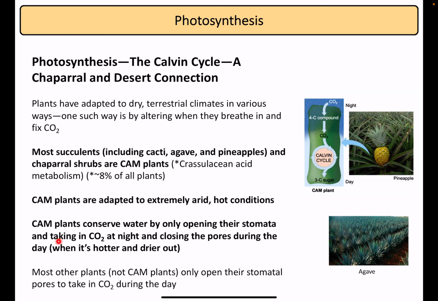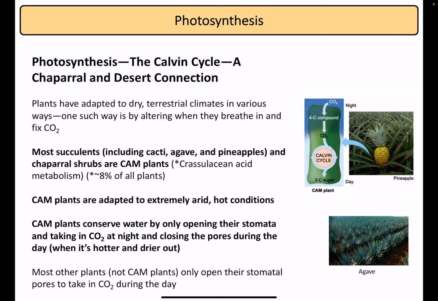So that's kind of cool, kind of unique. They basically breathe in their CO2 at night, and then they store that CO2 in an organelle called the vacuole. And then it stays there in that organelle until daytime. And then when it's daytime, when there's light out, they do both the light reactions and the Calvin cycle at the same time.